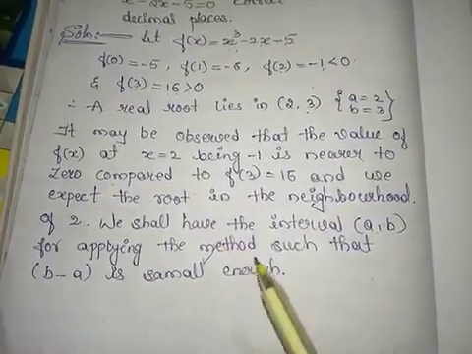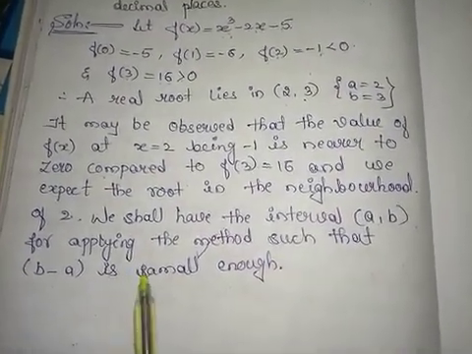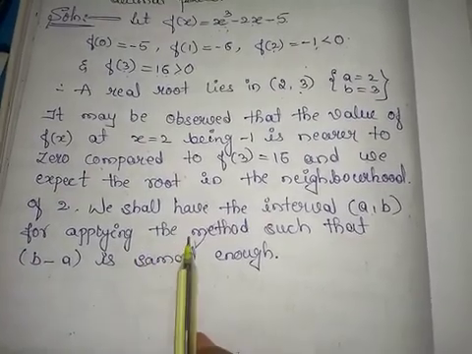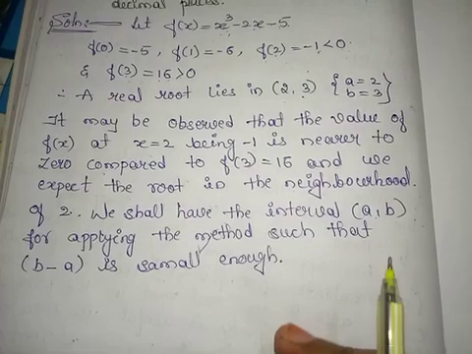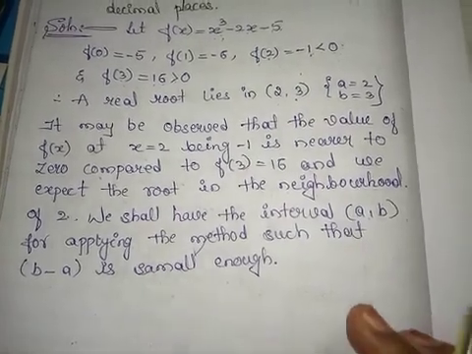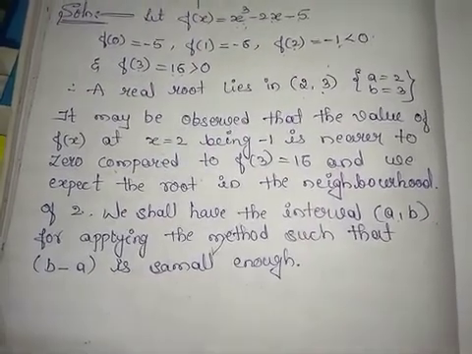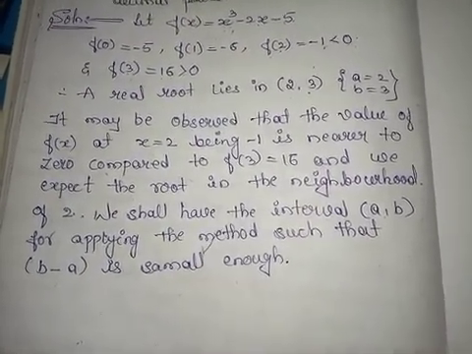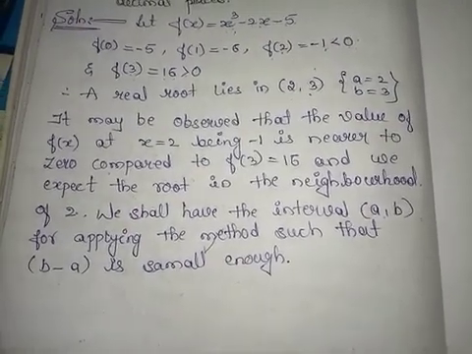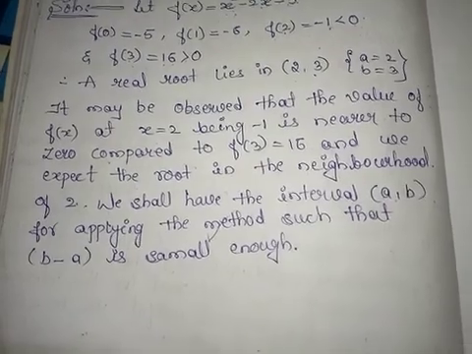After that, to get small enough values, means to satisfy the f of a into f of b less than 0 condition, we take a further step: see whether the f of a value is near to 0 or the f of b value is near to 0. Whichever value is near to 0, try to get the values of a and b from that value.